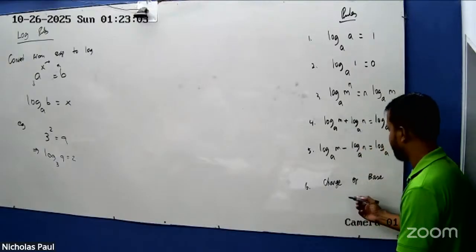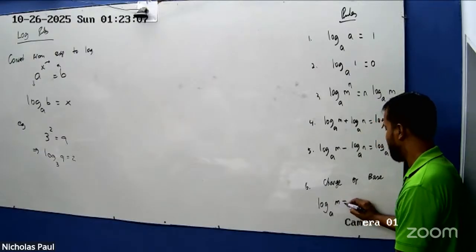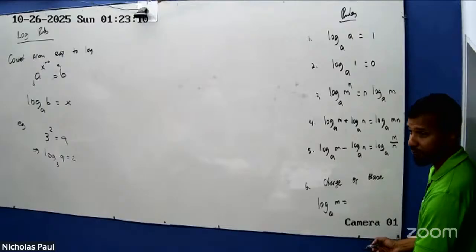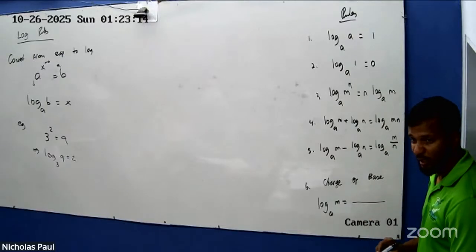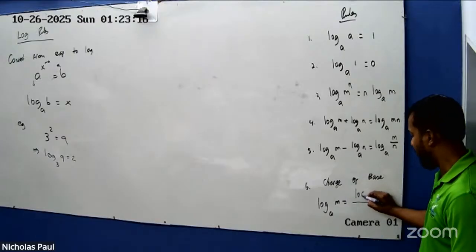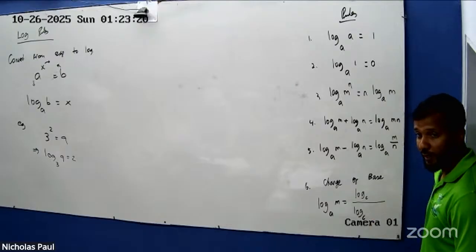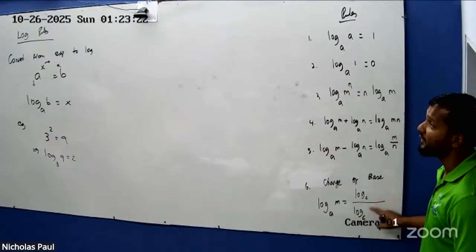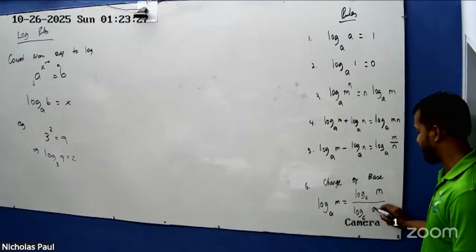So how do I change log a to the m to the base c, let's say? Real simple. Just write log to the base c here, log to the base c here. Write the new base and put the whole base.